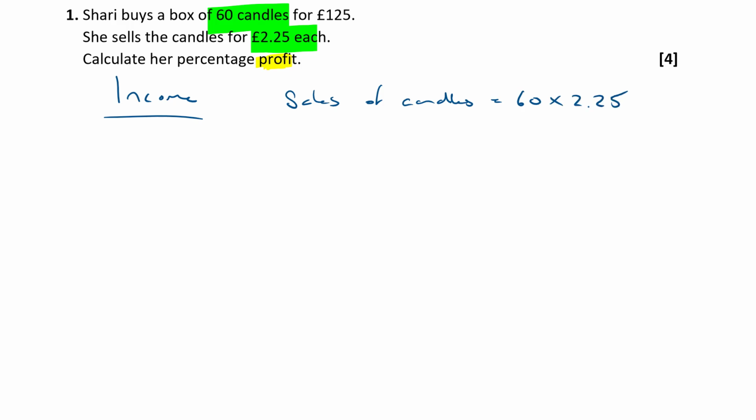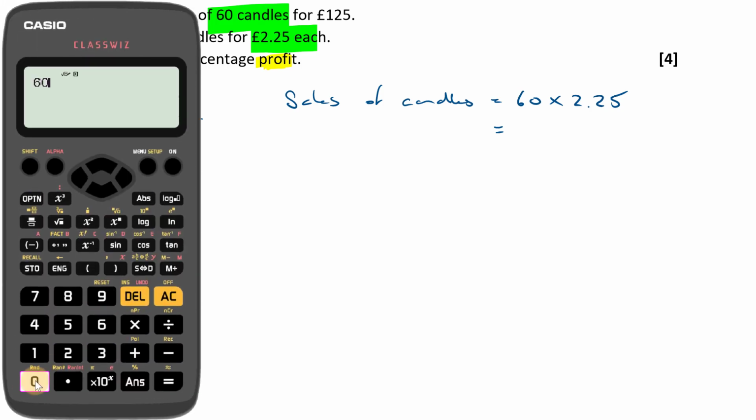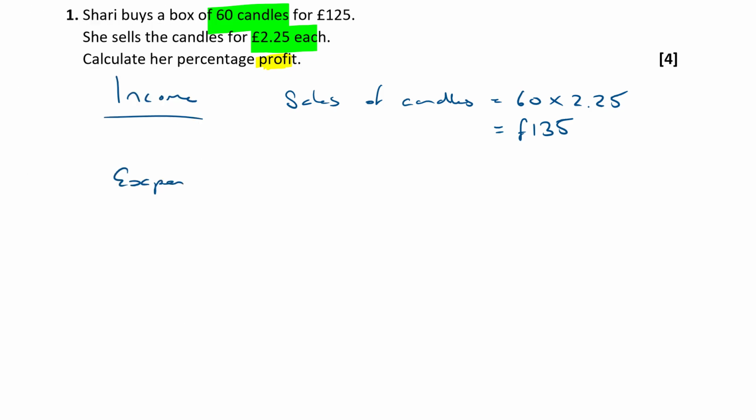So you can tap that into your calculator and work out what that is. 60 times 2.25, that comes out to be £135. So that's the money she's got coming in. We need to now work out what her expenditure is. Well, that's pretty easy. That's just £125, isn't it?